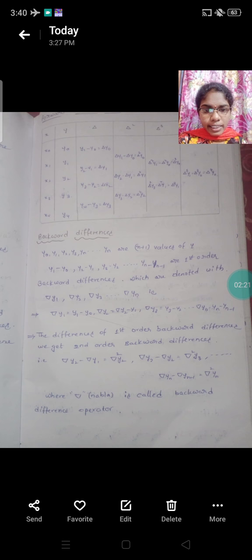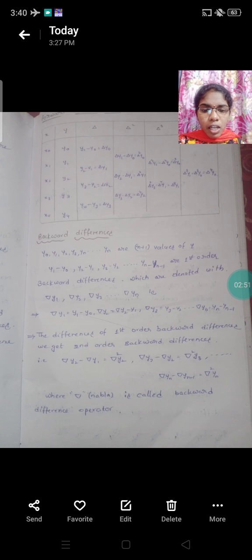Then the backward differences. y0, y1, y2, y3, etc., yn are the n plus 1 values of y. y1 minus y0, y2 minus y1, y3 minus y2, etc., yn minus yn minus 1 are the first order backward differences, which are denoted with nabla y1, nabla y2, nabla y3, and so on.